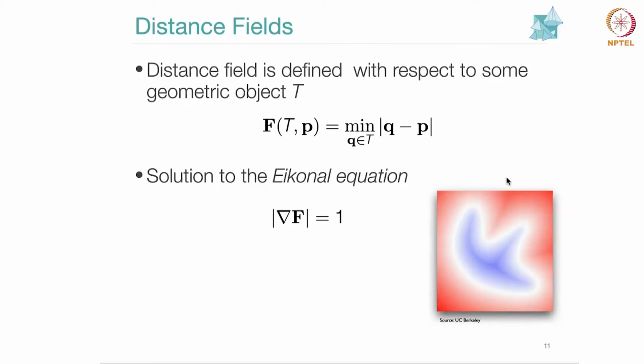The inside of that is all blue, the outside is all red, and these are increasing distances. The darker the color is, the more the distance. If you talk in terms of a differential equation, it's the Eikonal equation that governs the computation of a distance field.